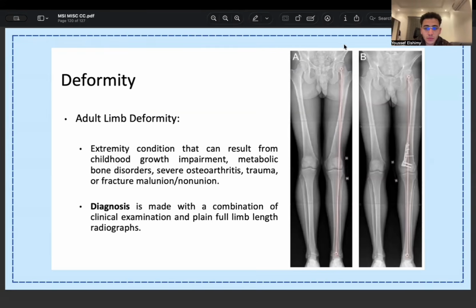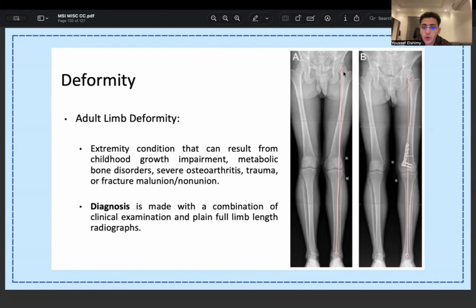So, for example, we have a patient who's coming to the clinic complaining of pain in his left knee, and he mentions that the left knee doesn't look like the right knee. So after taking history as well as physical examination and X-ray, we of course order a full limb length X-ray to visualize everything.